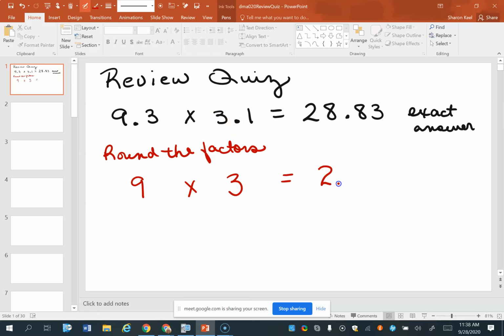And 9 times 3 would give us 27. This would be rounding the factors, and this would be the estimated answer. So don't make that mistake. The common mistake is people round the exact answer. They do not read carefully when it says to round the factors first.